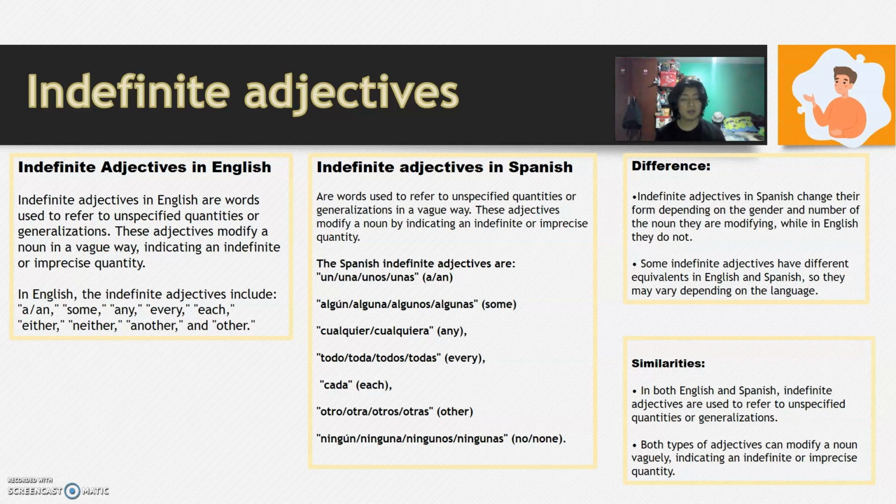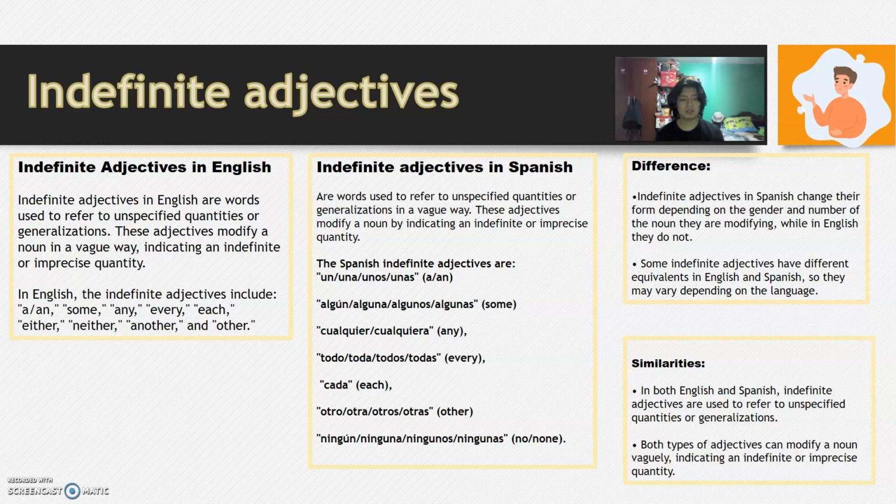Okay? The difference in this part is that indefinite adjectives in Spanish change their form depending on the gender or number of the noun they are modifying, while in English they do not. Some indefinite adjectives have different equivalents in English and Spanish, so they may vary depending on the language.